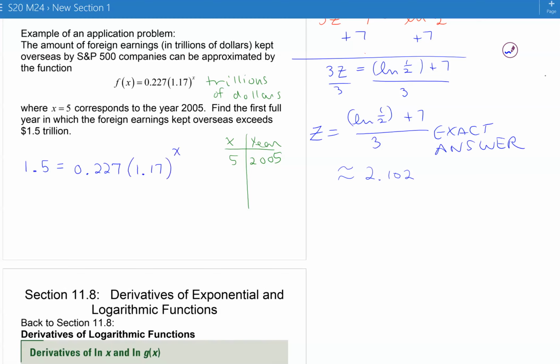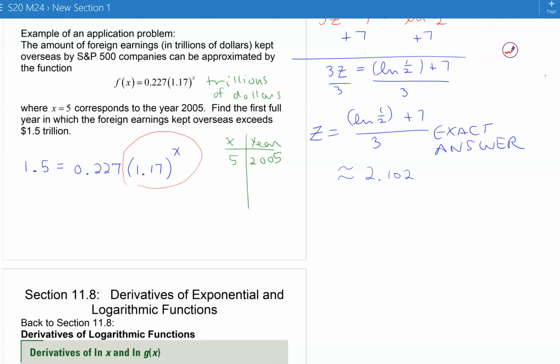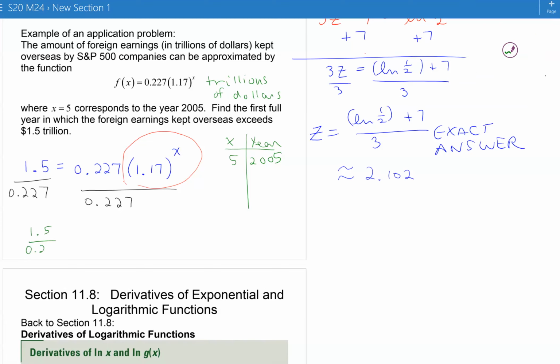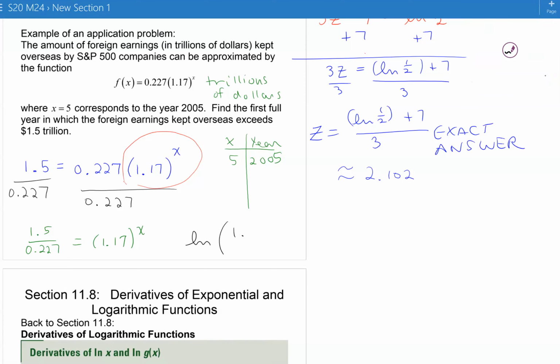Well, the only way to solve this is going to be using logarithms. So I first need to isolate the exponential part. So I'm going to do that by dividing by 0.227. So 1.5 over 0.227 equals 1.17 to the power of x. So now I'm going to find the logarithm of each side.